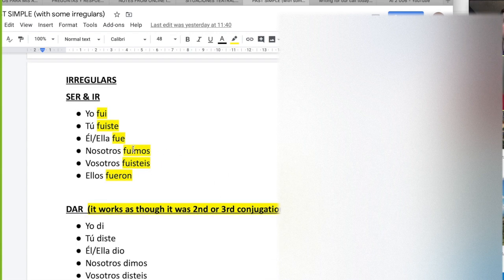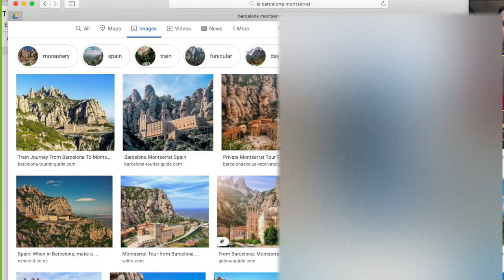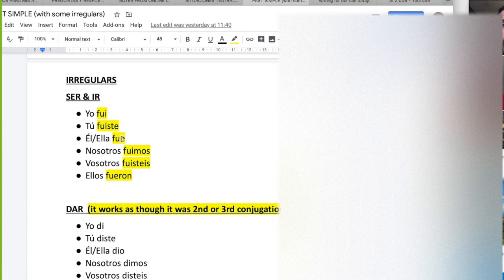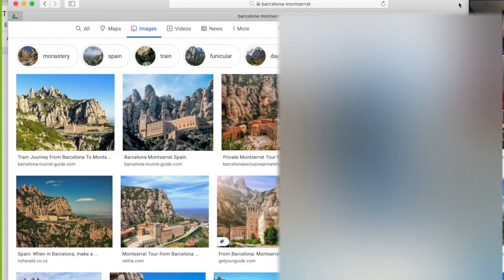Y, Finn, ¿a dónde fuisteis? ¿A dónde fuisteis cuando fuisteis a España? Mira aquí, ¿eh? Oh, sí. ¿A dónde fuisteis? En España. Fuimos en Madrid y Barcelona. Fuimos a Madrid o a Barcelona. Y Hanna, ¿cuál te gustó más, Madrid o Barcelona?